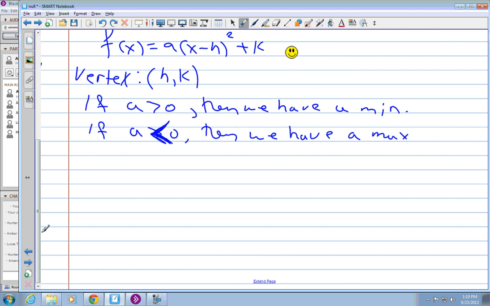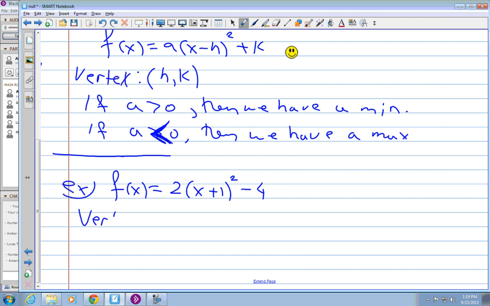So again, if I give you this function without even sketching the graph of that function, can you state the location of the vertex? Yeah. Good.